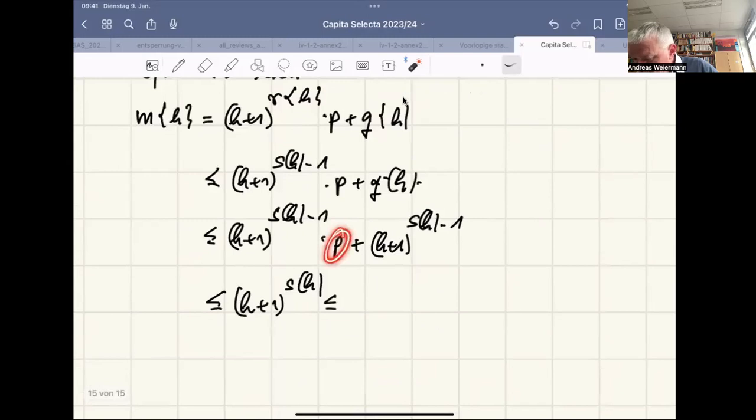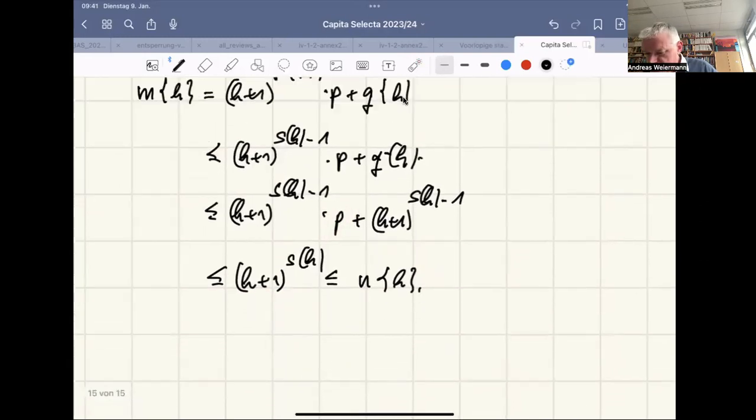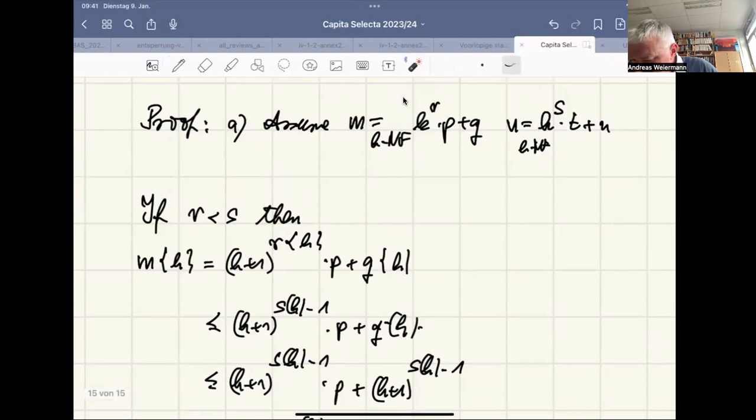So p is bounded by k, p plus 1 is bounded by k plus 1, so we get this bound here. And so we obtain this is bounded by n of k. That was easy. That was the first case where r is smaller than s.